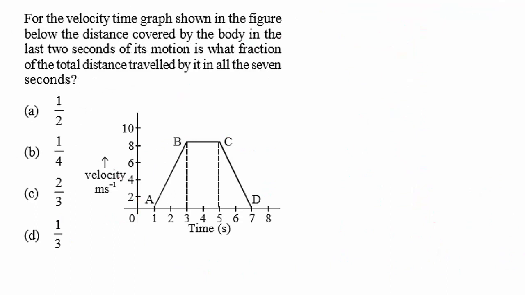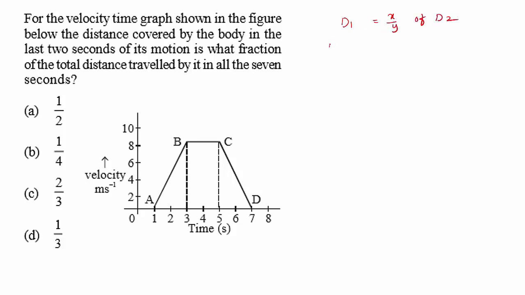For the velocity time graph shown in the figure below, the distance covered by the body in the last 2 seconds of its motion is what fraction of the total distance traveled by it in all the 7 seconds? First you have to understand the question. The question is very simple. Observe the given graph. Let us take D1 is equal to x by y of D2. What does it mean?